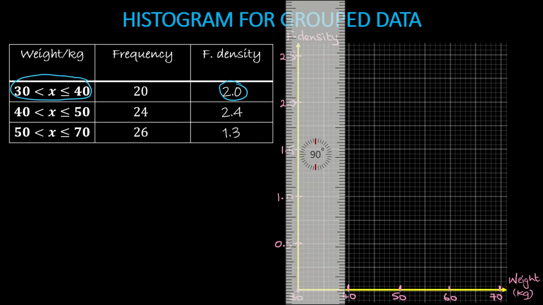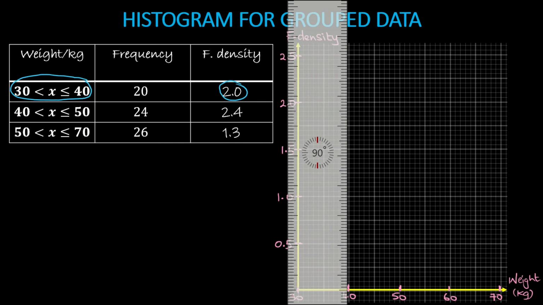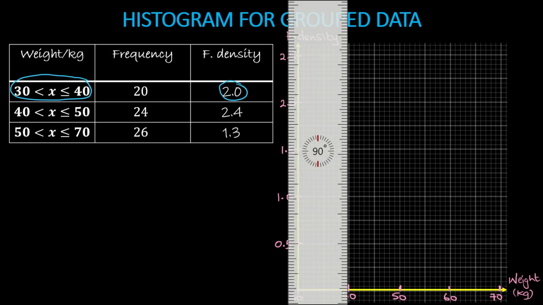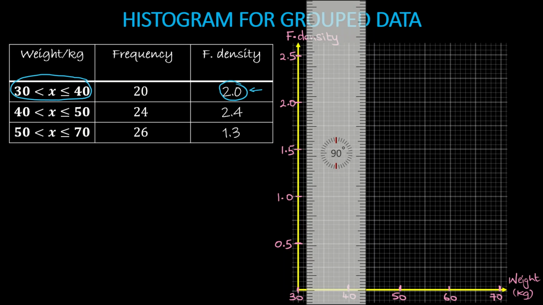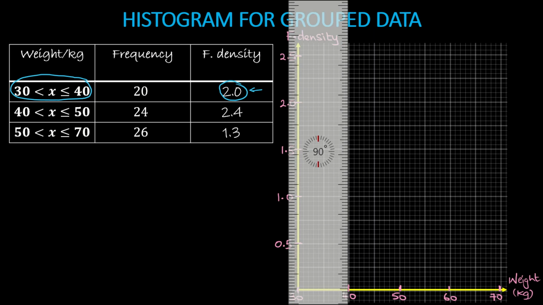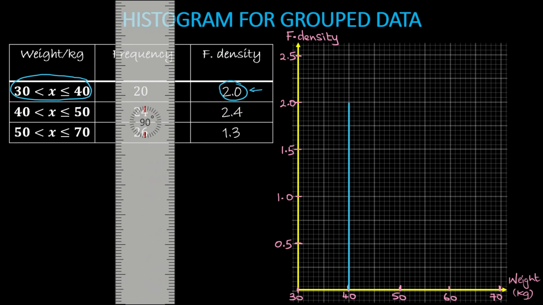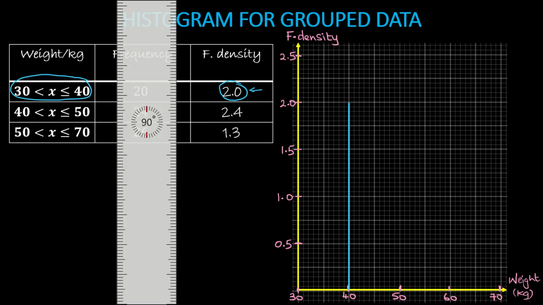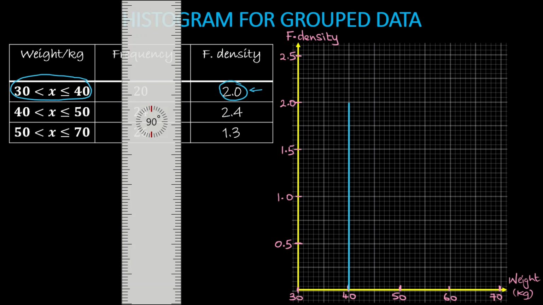We move our ruler till we reach 40. Here we are, exactly at 40. Now we have to go up till we reach 2.0. 2.0 is here. Okay, so we draw a vertical line. Right, now we rotate our ruler, of course.